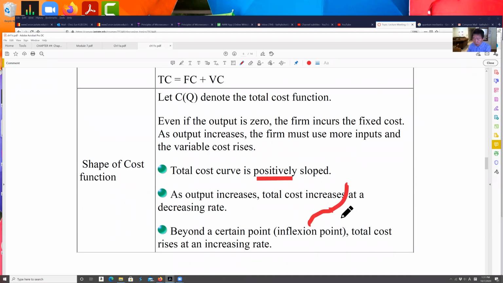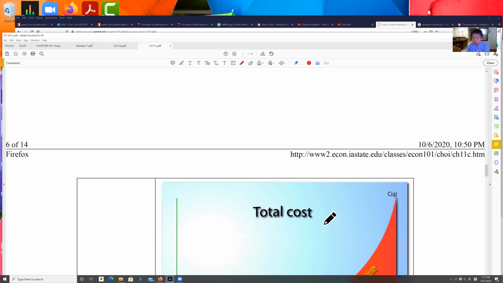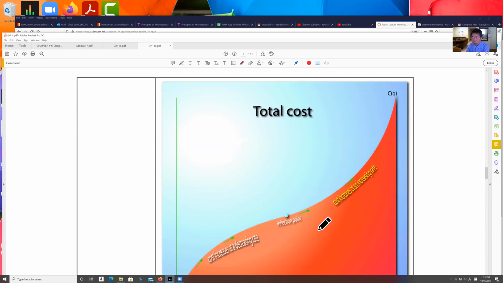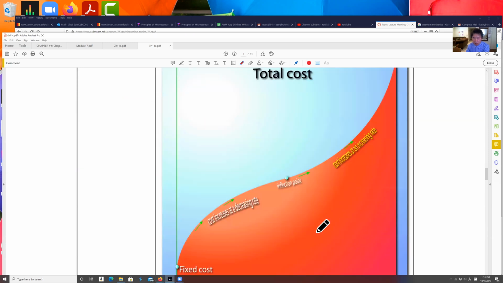Okay, that point is called the inflection point. And total cost rises at an increasing rate beyond a certain point. So this is the general shape for most products.